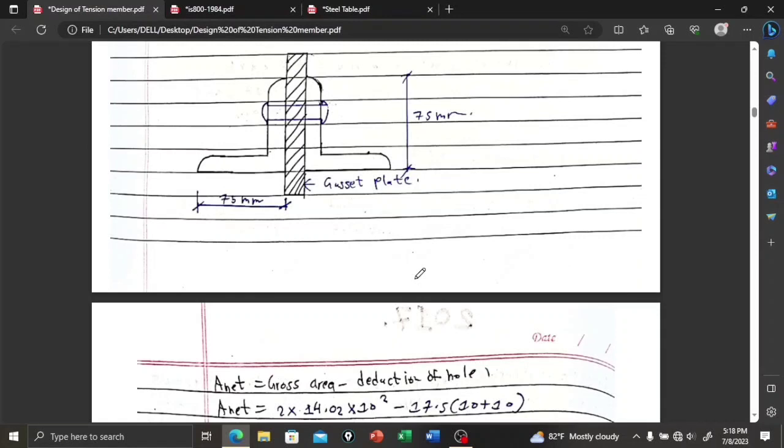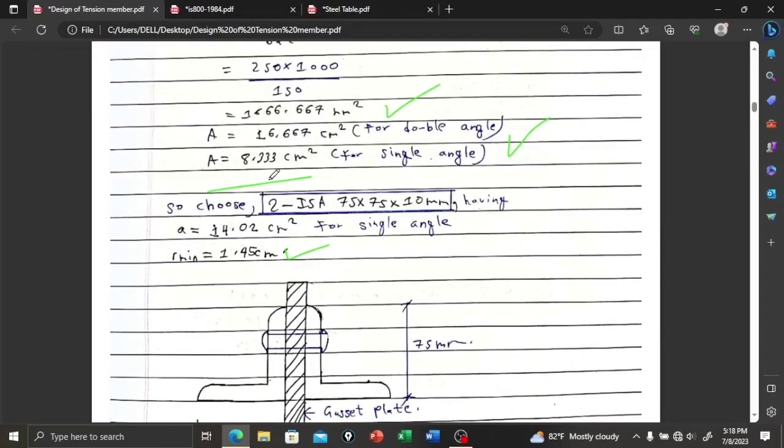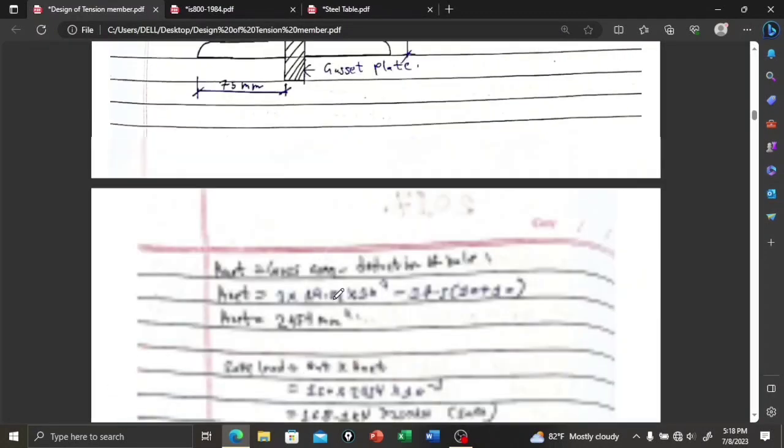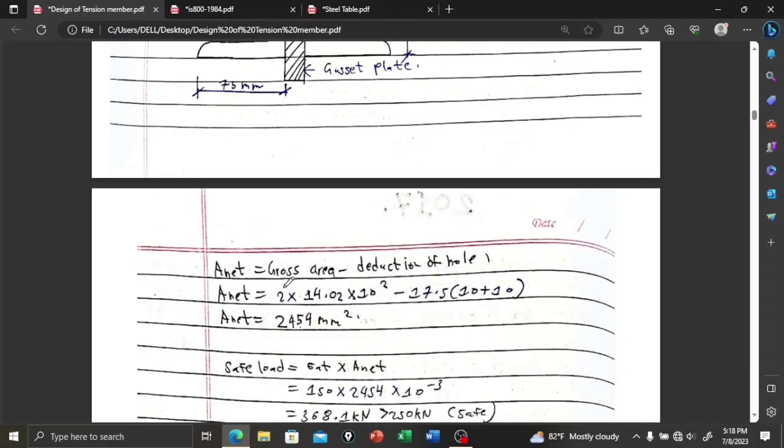In this type of numerical, A net will be gross area minus deduction of hole. The gross area of one section is 14.02 centimeter square. For two sections it is multiplied by 2.